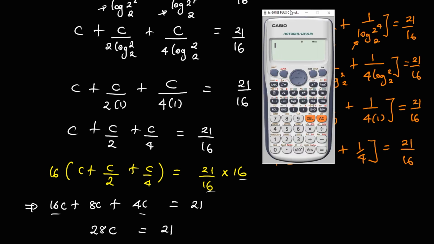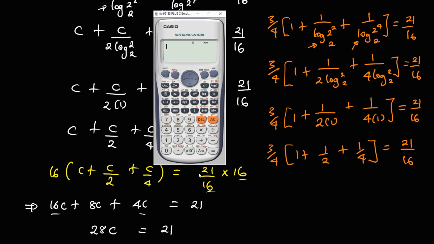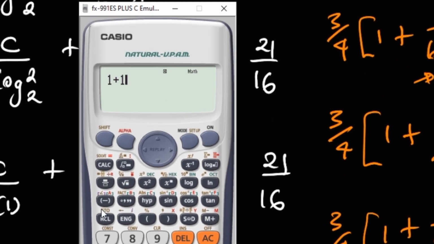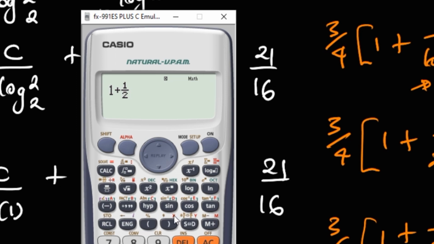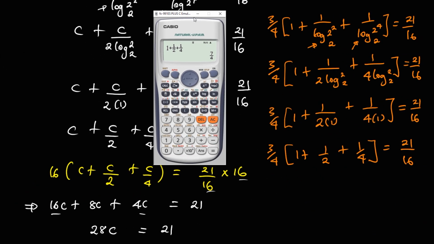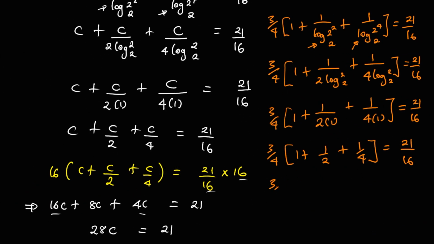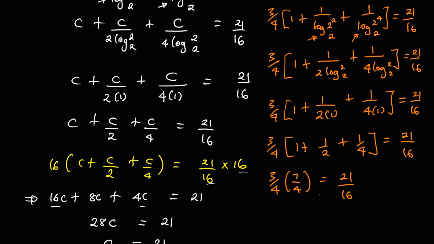So using a calculator, let's first obtain the sum of that bracket, 1 plus 1 over 2 plus a quarter. This equals 7 over 4. So we have 3 over 4 into 7 over 4, and this should equal 21 over 16.